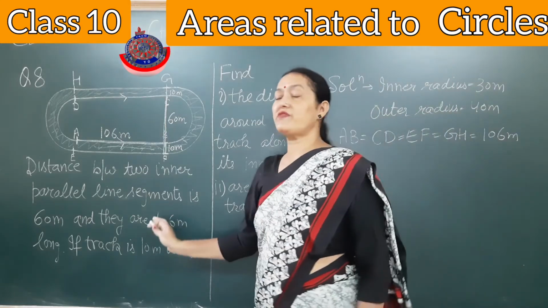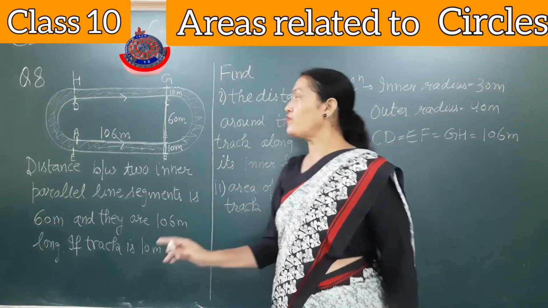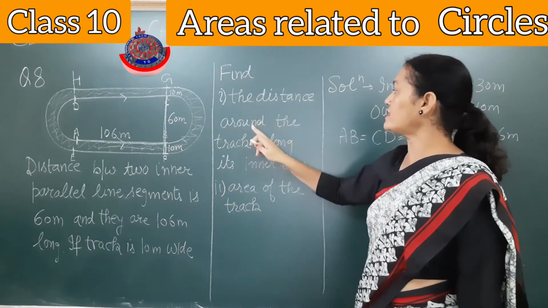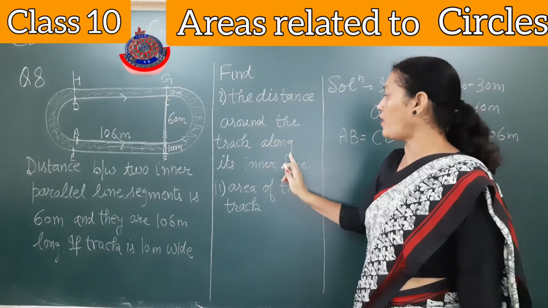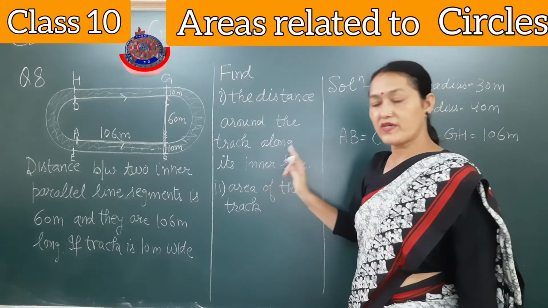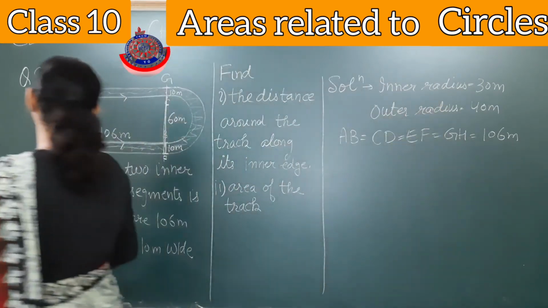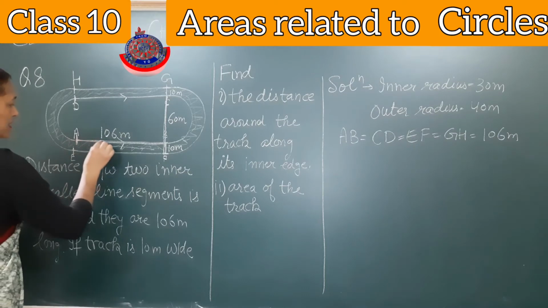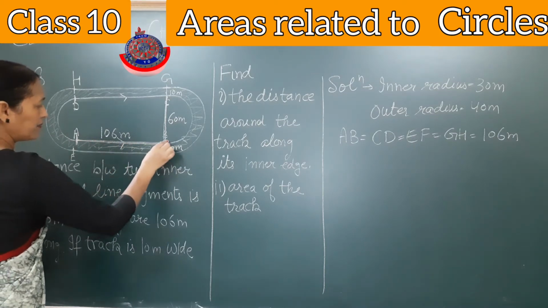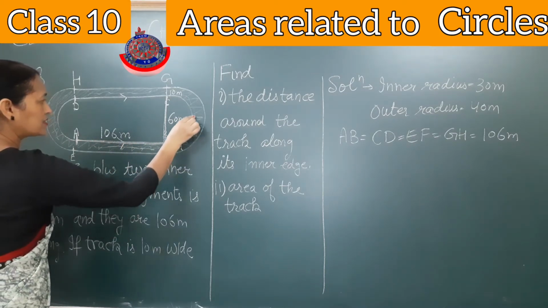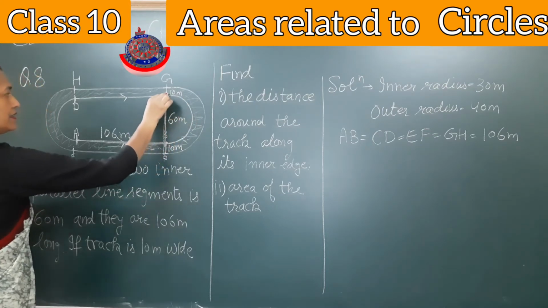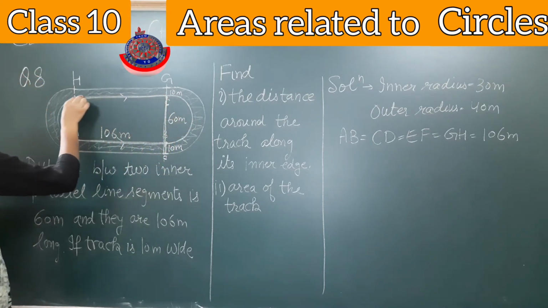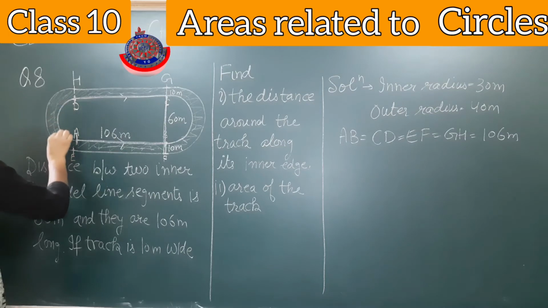After giving all this information, they are asking us to find the distance around the track along its inner edge. First thing they are saying, distance along the inner edge. If we start from here, means they are saying find AB, then this semicircle, then again this line segment, again this semicircle.